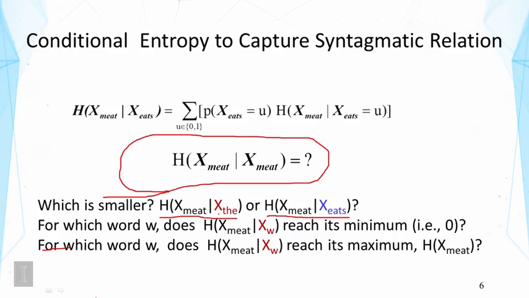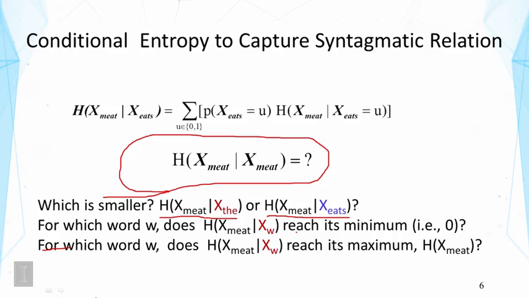Well, if you look at the uncertainty, then in the first case, the doesn't really tell us much about the meat. So knowing the occurrence of the doesn't really help us reduce the entropy that much. So it stays fairly close to the original entropy of meat. Whereas eats is related to meat.